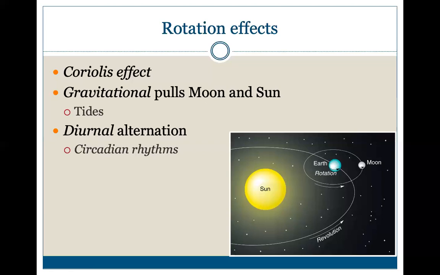But essentially, just looking at our body and the outcome of it, it has all of these effects also built into us. Those are called diurnal alteration or circadian rhythm effects. Diurnal alternation means that you're going from light to dark, and then the circadian rhythms are the outcome of that, the influence, the patterns that emerge.